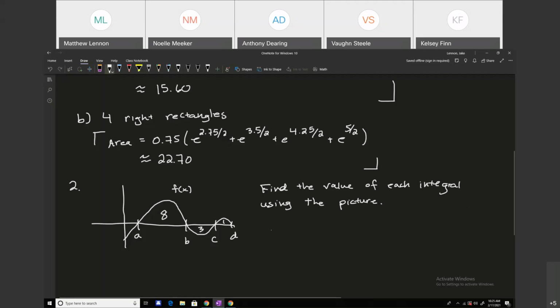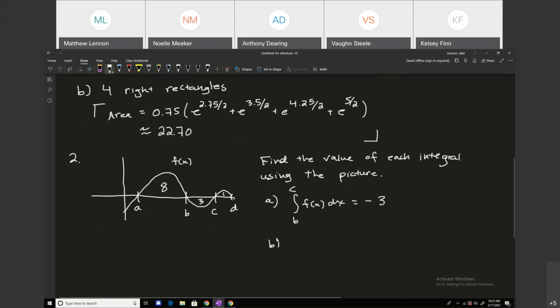So something like this. And let's say A, maybe we want the integral from B to C of f of x dx. Well, B to C would be the area there that's given by 3, but because it's below the x-axis, we know it should be negative. So that would be -3 for the first one.